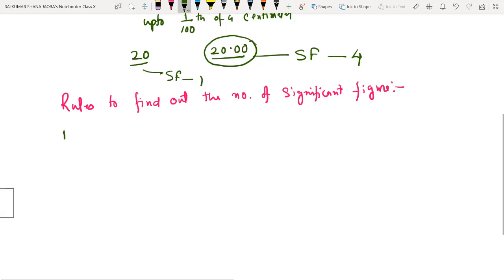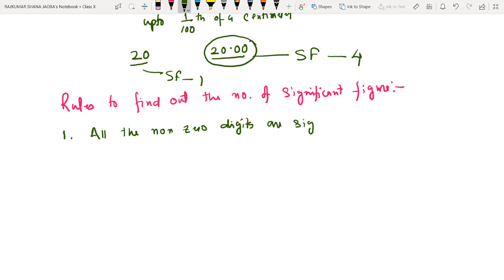Number 1: all the non-zero digits are significant.